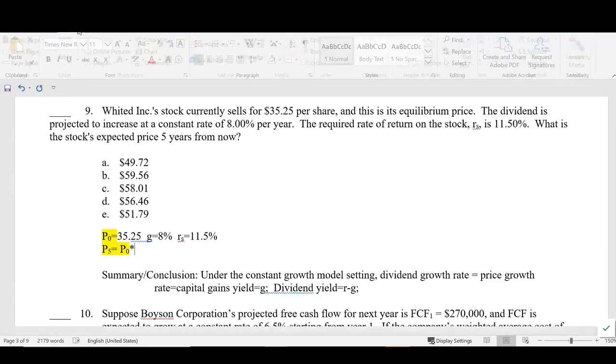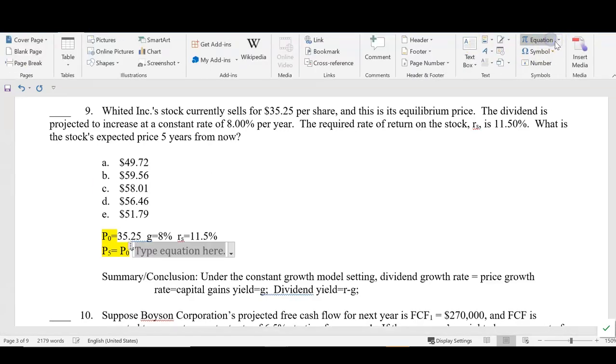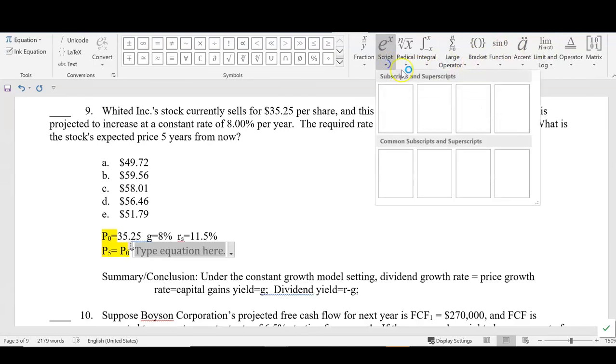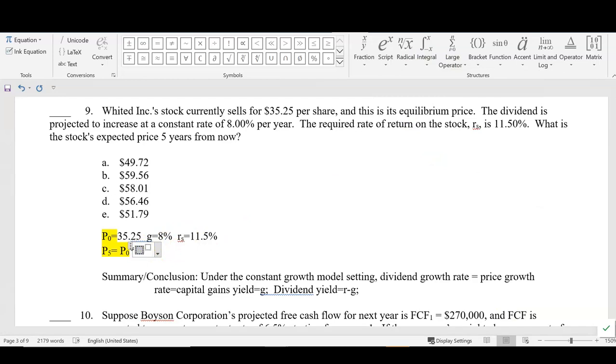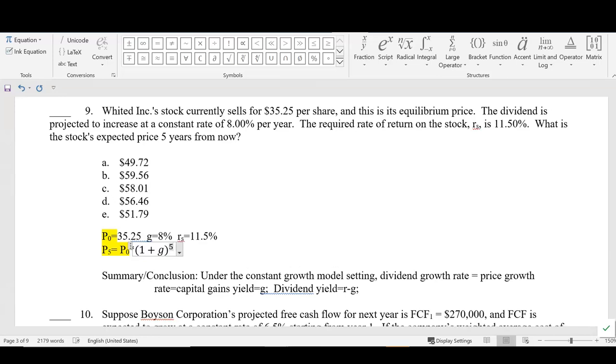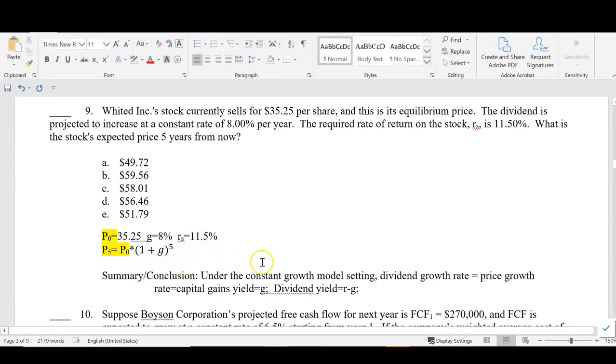Let me insert a formula here so you can see it clearly. Just like our dividend formula, D5 is going to be D0 multiplied by 1 plus G to the power of 5, P5 also equals P0 multiplied by 1 plus G to the power of 5.